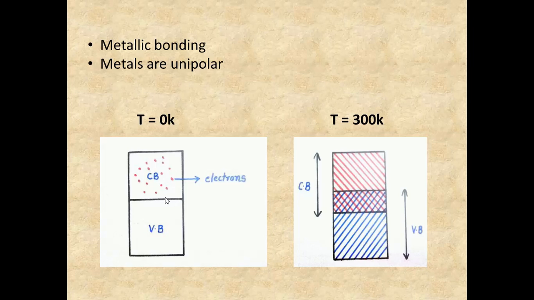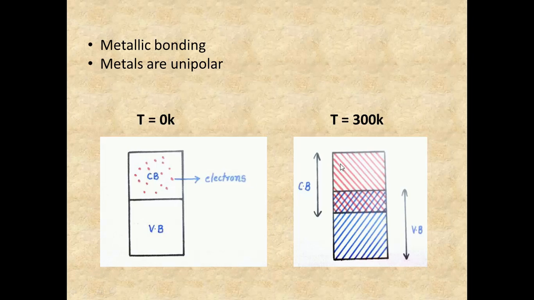In metals the density of electrons is very high, around 10 to the power 28, and free electrons are available even at 0 Kelvin. That's why at 0 Kelvin you have electrons available in the conduction band. One more statement: in metals, free electrons are independent of temperature.